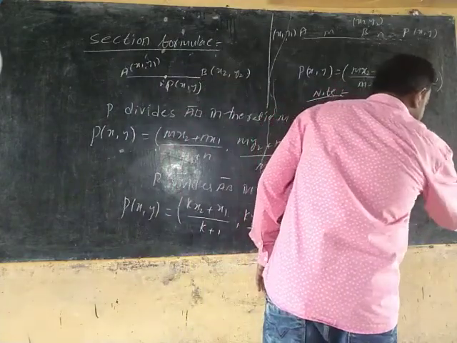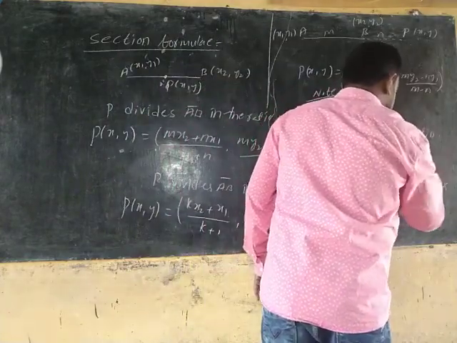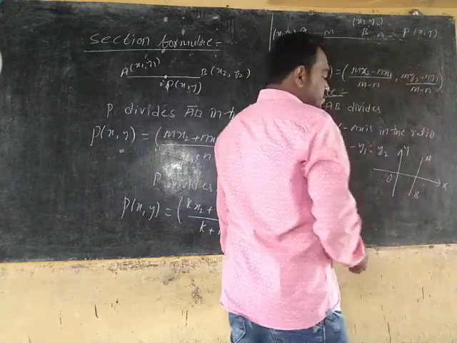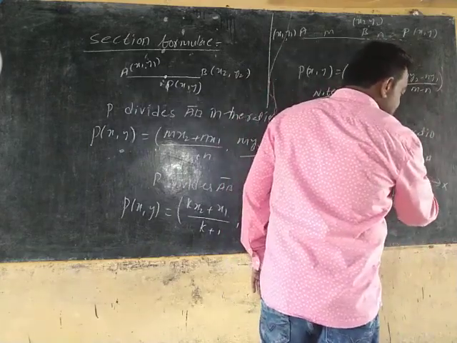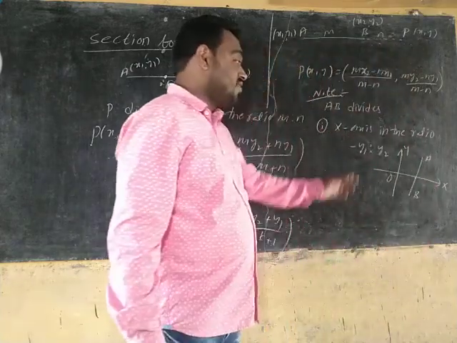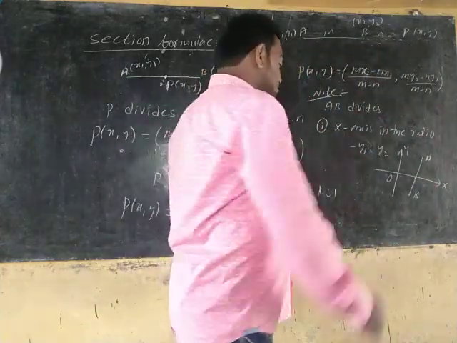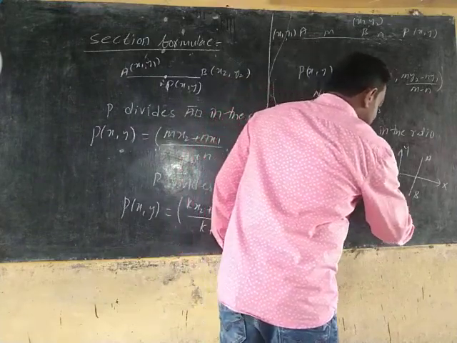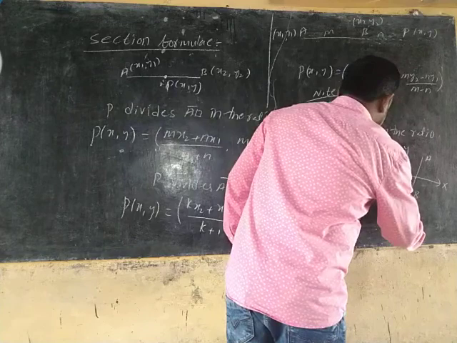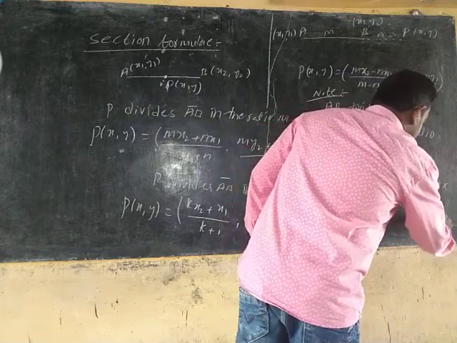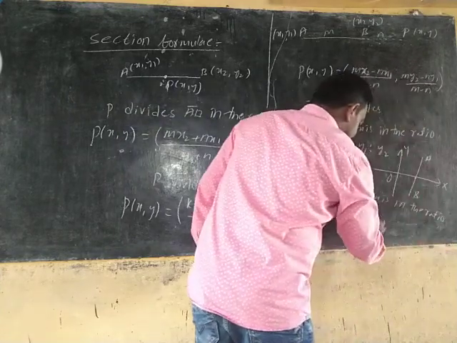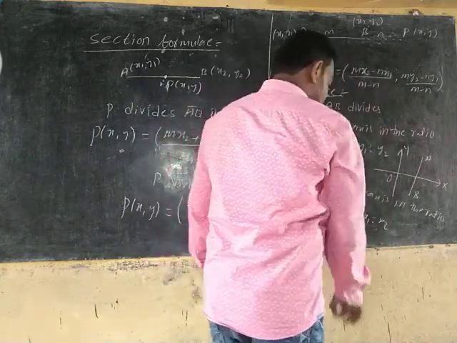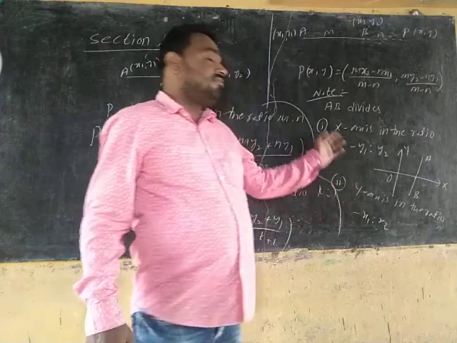Like this, you see, this is the x-axis, y-axis, origin, this is the point A, this is the point B. So the x-axis divides in the ratio minus y1 is to y2. Similarly, the y-axis divides in the ratio minus x1 is to x2.